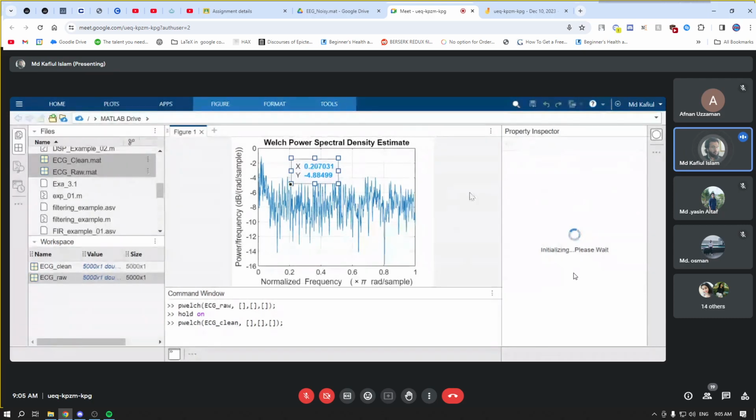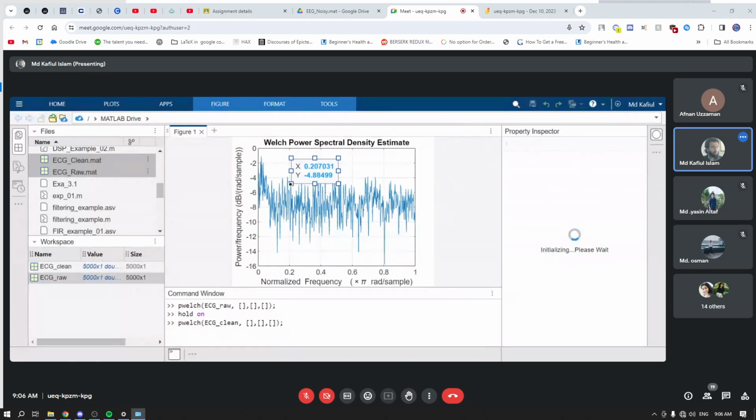It's taking a bit to edit the property of this graph. Okay, I think we should forget about this one for the time being.